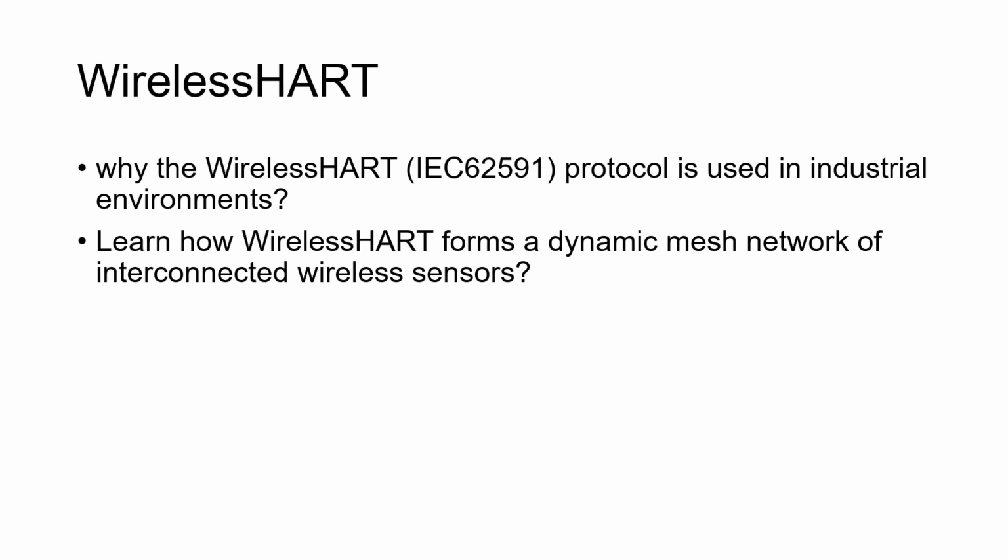IEC is the International Electrotechnical Commission. Basically we go for this wireless communication protocol, the wireless HART protocol, for industry environments, and it works with a dynamic mesh network of interconnected wireless sensors.